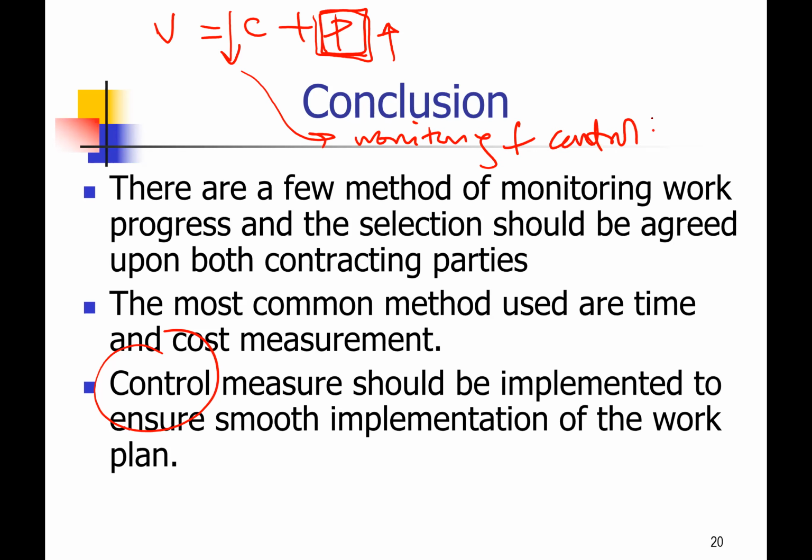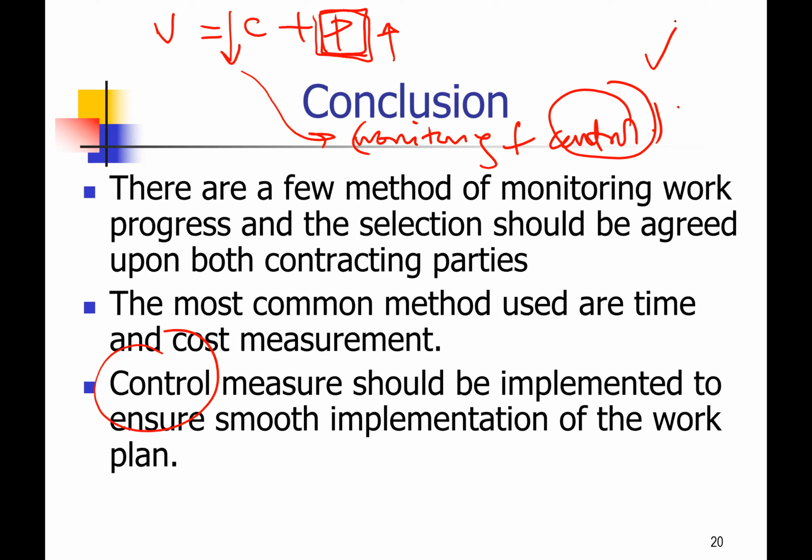Okay, you already do the planning, but you might not get the targeted profit due to poor control. This is one of the issues.